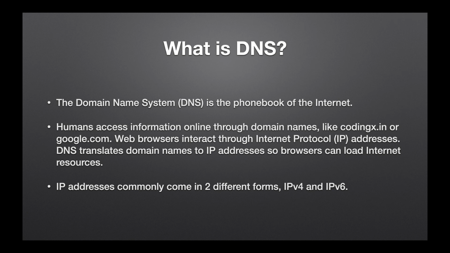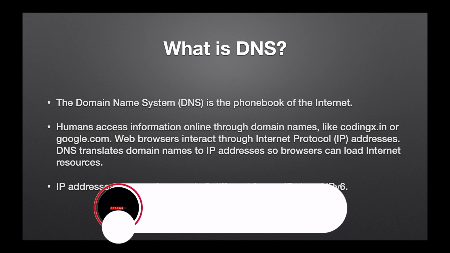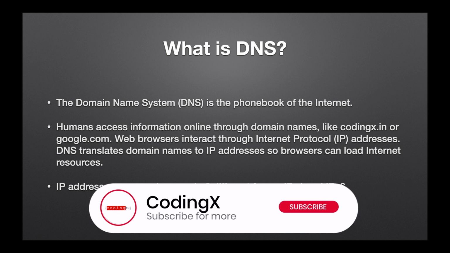But this is not enough for us. We are more than 7 billion people with a minimum of 3 connected devices, right? So IPv6 was created to solve this depletion problem and has an address space of 128 bits.